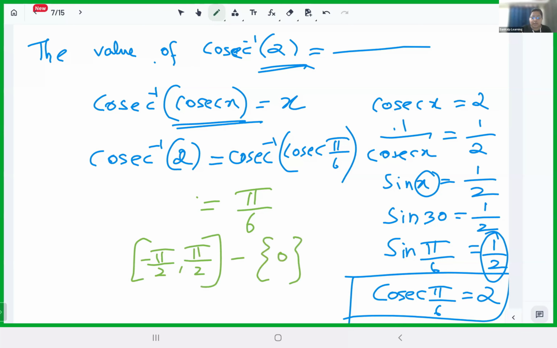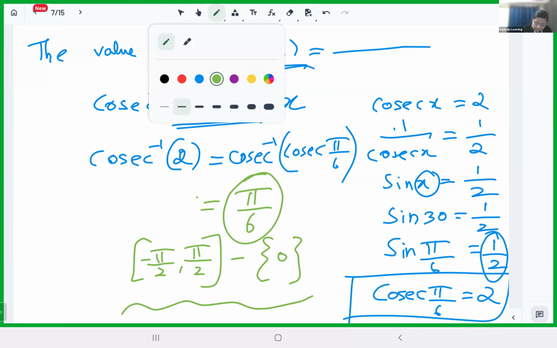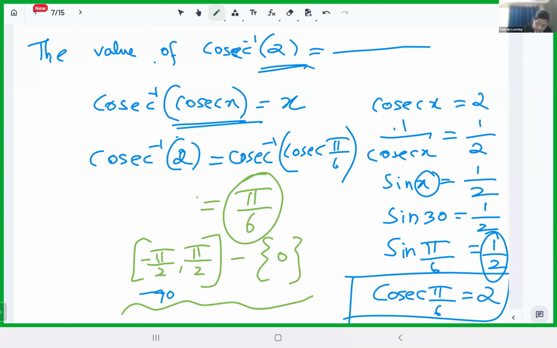So you should remove that midpoint, that is 0. So does pi by 6 belong? Pi by 6 means 30 degree. 30 degree definitely belongs to this one, where this is minus 90 and plus 90. So 30 degree means pi by 6, and pi by 6 belongs to this interval. So we can say that cosec inverse of 2 is nothing but pi by 6.